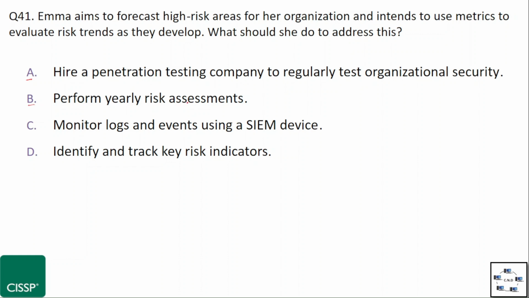Option B, perform yearly risk assessments. Option C, monitor logs and events using a SIEM device. And option D, identify and track key risk indicators. And the correct option is option D, identify and track key risk indicators.